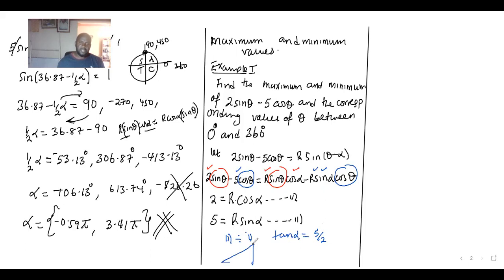Still using Pythagoras theorem. If this is alpha, this will be 5, this will be 2, this will be root of 29. So R is root of 29.